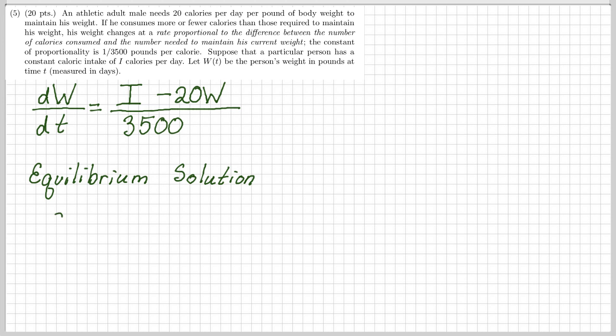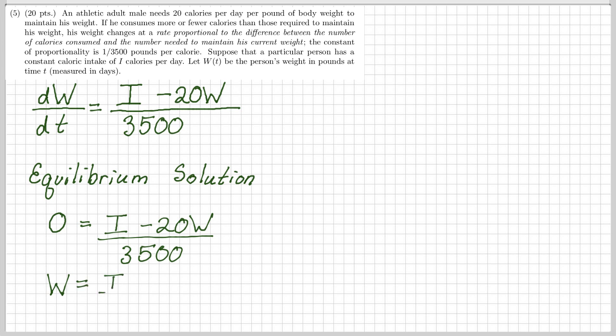And so when our change in weight is equal to 0, that is when (I minus 20W) over 3,500 is equal to 0. So W is equal to I over 20.